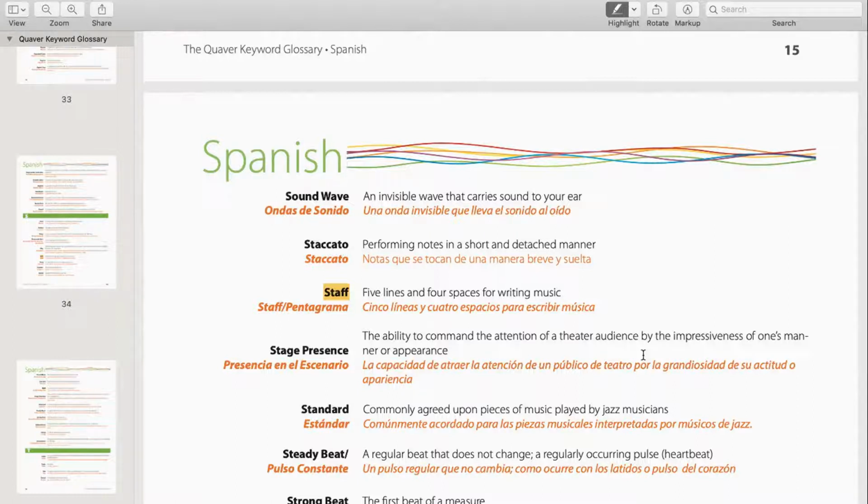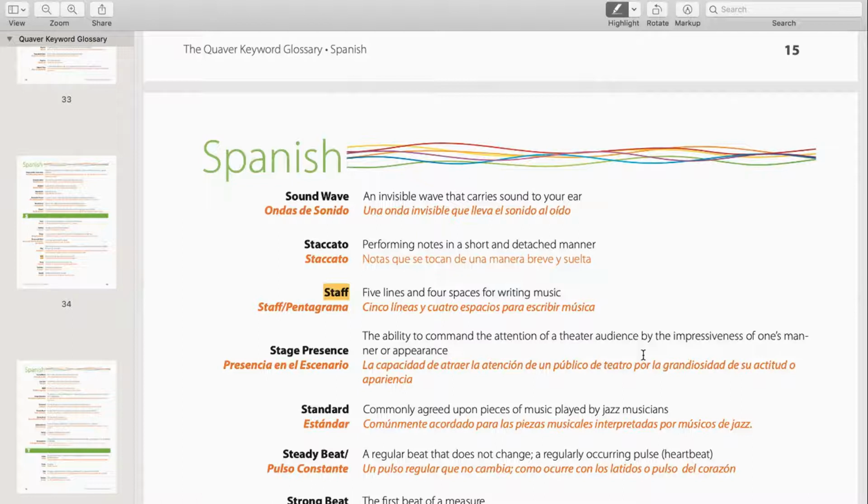I have highlighted the word staff, and beneath that word, we see the Spanish word for staff, along with the Spanish definition. So a staff is 5 lines and 4 spaces for writing music.